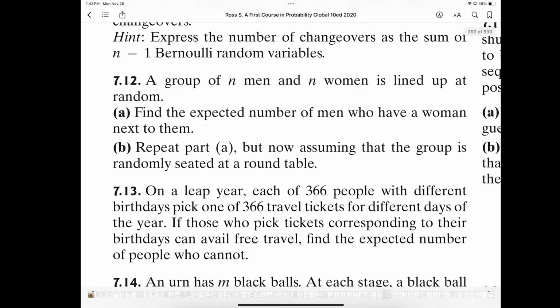Over here, perhaps there's a guy with a man on one side and a woman on the other. That person gets a 1. Over here, there's a guy with 2 women. He also gets a 1. So the 1 would represent having at least 1 woman next to you, and a 0 is that you don't have a woman. Now, everyone here is similar except for the 2 people at the ends.